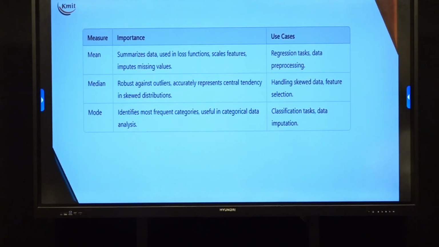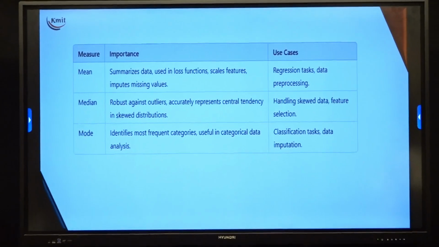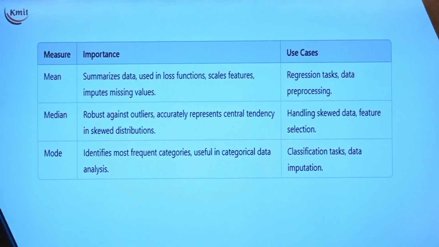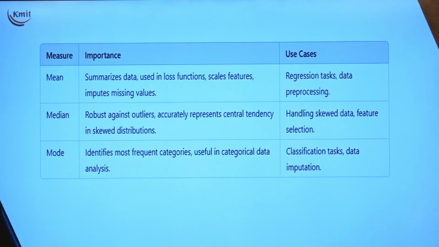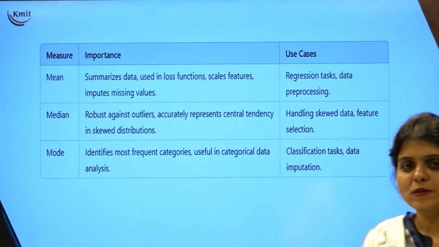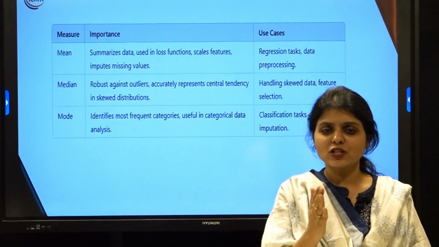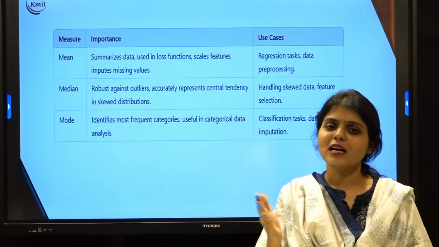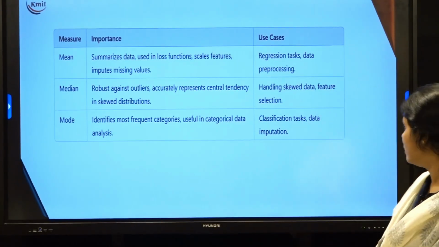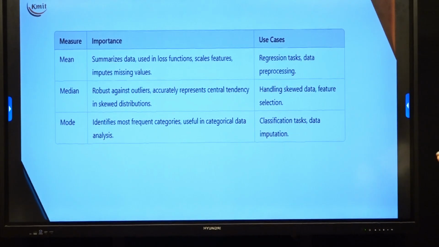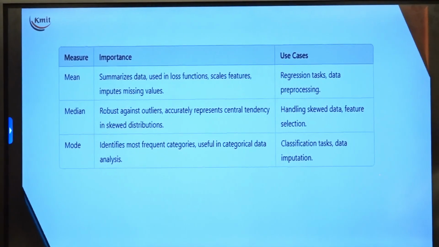So, summary: mean summarizes the data. When we talk about regression tasks and data pre-processing, we would be using mean. As I told you in the beginning, all machine learning algorithms are broadly classified into regression and classification tasks. For regression, we use mean. For classification tasks, we use mode. When handling skewed data for feature selection, we would use median.